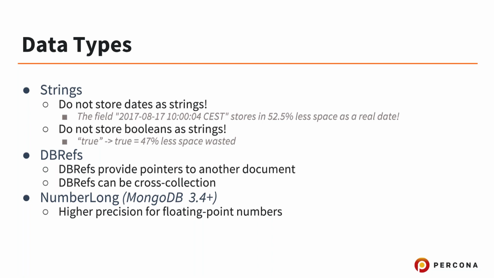Another thing is DB refs. Mongo isn't really a relational database, but you can use DB refs. Say you have a users collection and an orders collection, and every time an order is written to the orders collection, you're copying the user document for lookup speed.